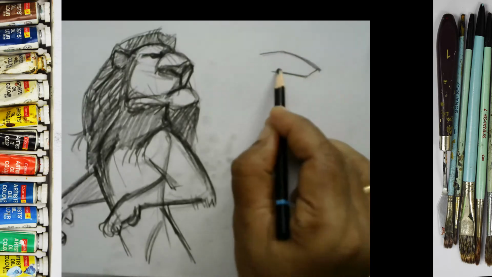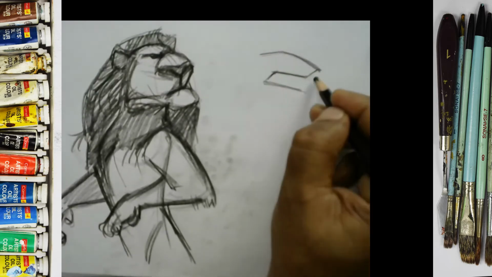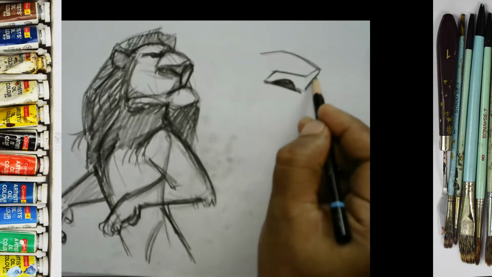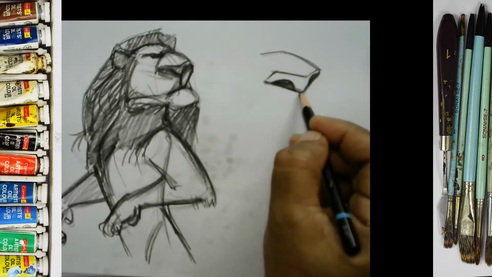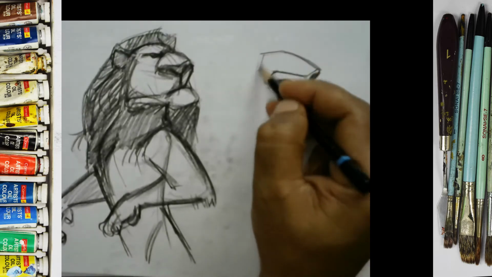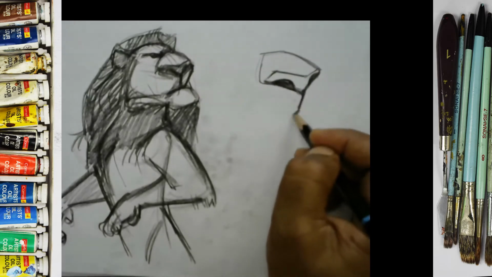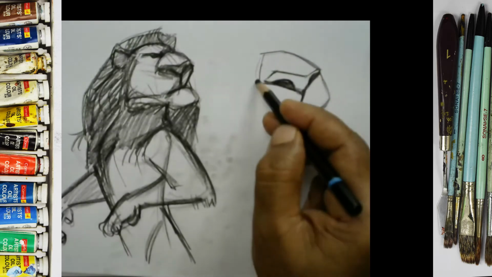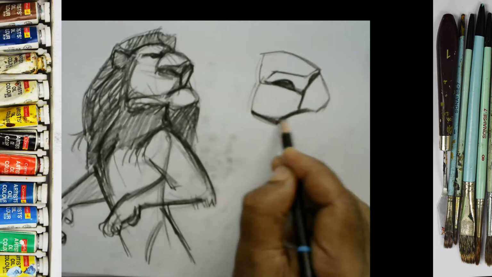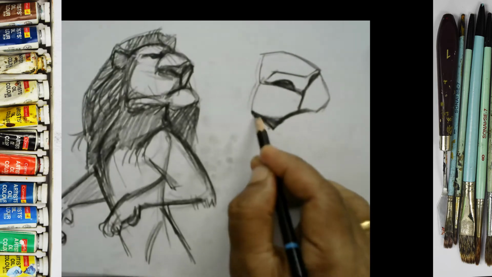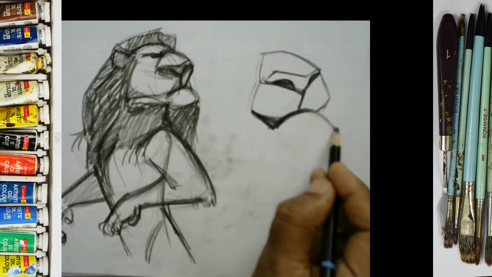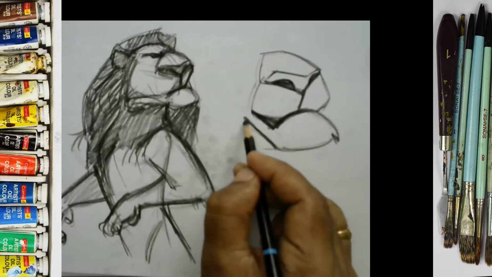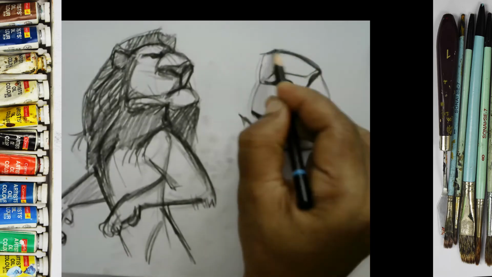So this is the clear picture of it, like this.